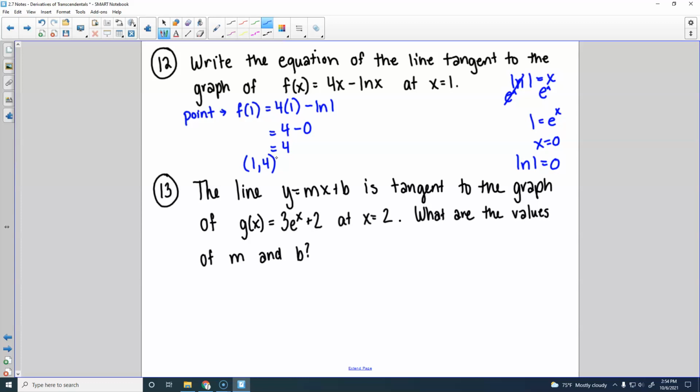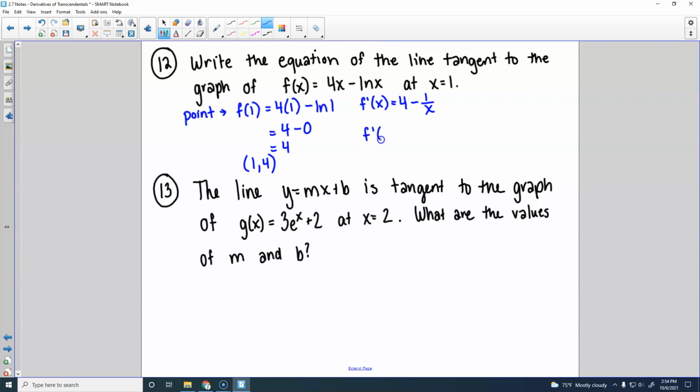What's the other thing we've got to have? Slope, which we get from the derivative. Erase this over here so I've got room. So, the derivative. Then how do I find the slope at this specific point where x equals 1?